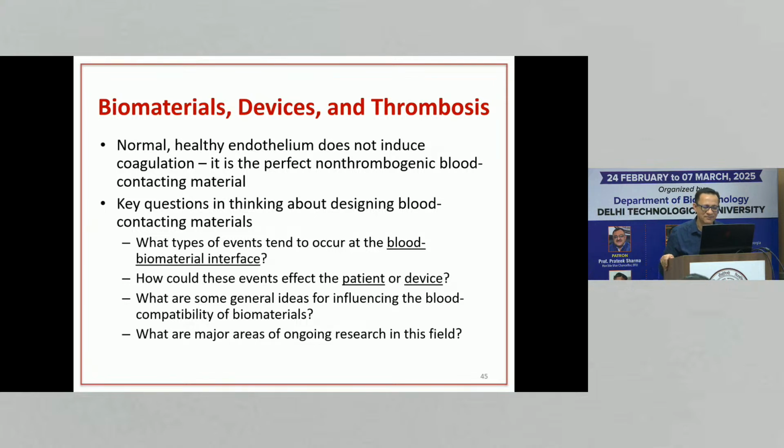Key questions about designing blood contacting materials: What type of events tend to occur at the blood material interaction? So see, application is important, translation is important, but mechanistic studies are equally important. If somebody doesn't understand how those interactions happen, how can we design materials without that knowledge?